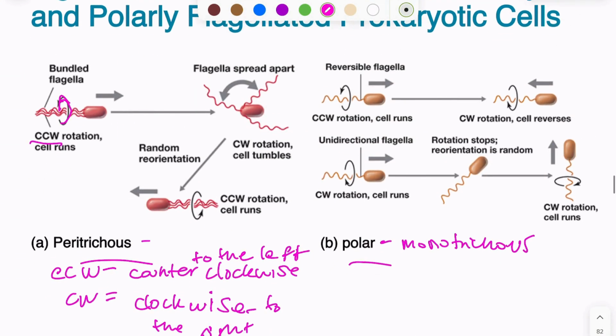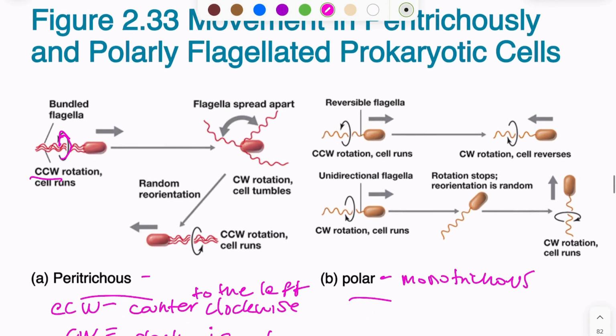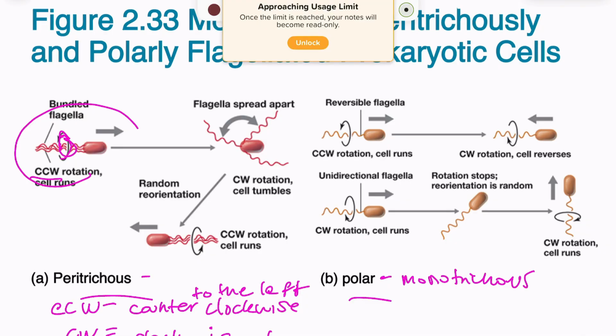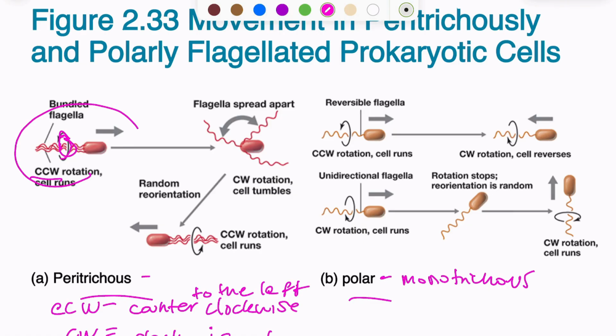So if you look at this one, you can see that there is a counterclockwise rotation of the flagella, and that's going to cause all of the flagella to move behind it for peritrichous. And then that's going to make a movement of run. So it's going to go forward.